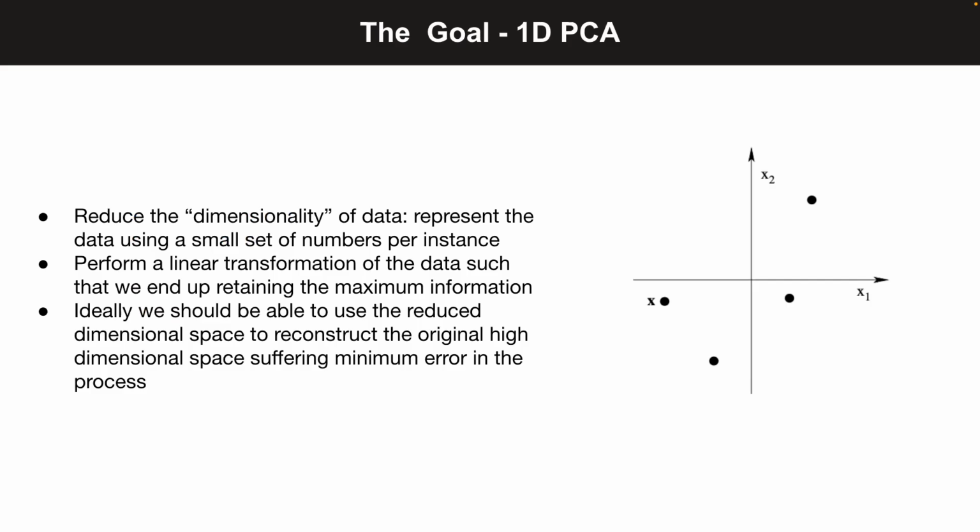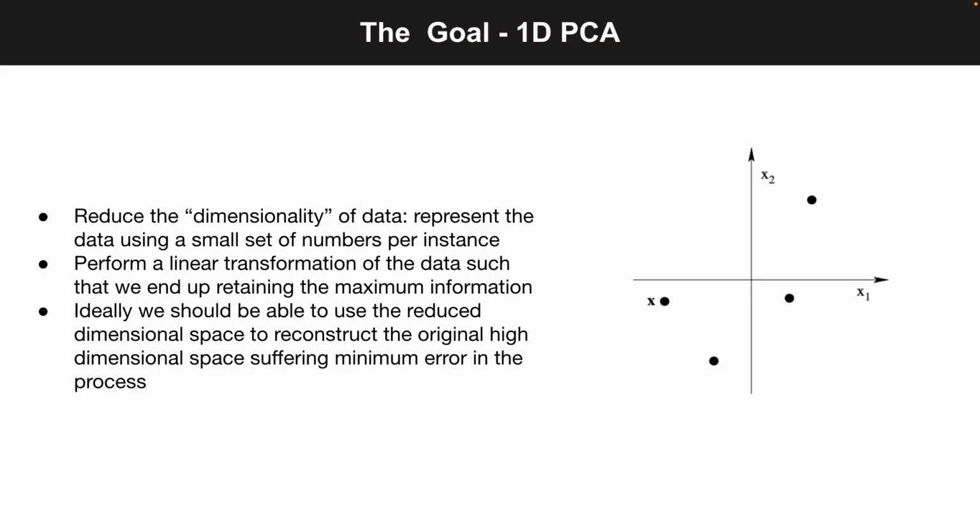To motivate principal component analysis, I will give you an example. I've given you data which is two-dimensional, with 4 points. I want you to give me a one-dimensional representation of this data. Right now, I'm seeing this in 2 dimensions. I want to see only one dimension.